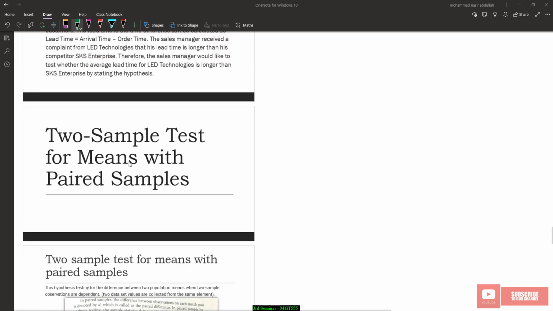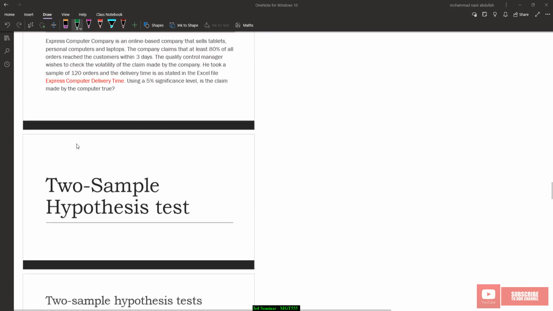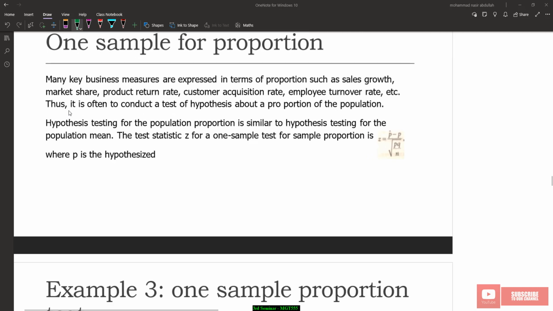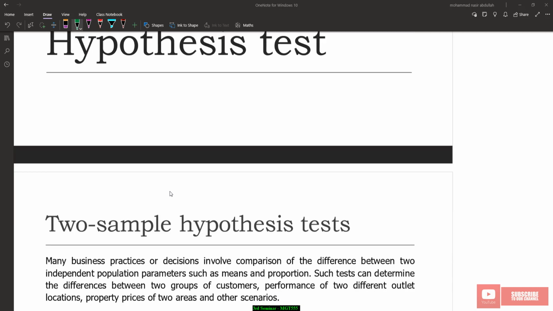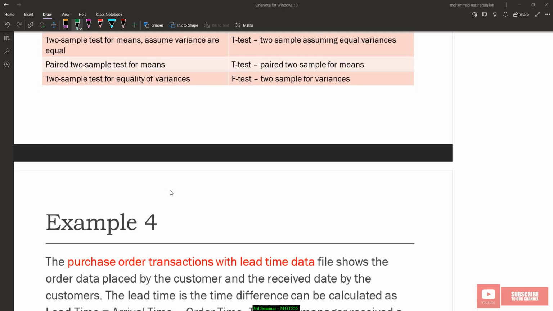Ada 6 example. So kita dah cover 2 example, 2 test yang kita dah tengok. Right? So okay lah, I tunjuk one sample proportion dulu lah. Yang for 2 sample t-test, independent sample t-test, paired sample t-test, and one way ANOVA, I tunjuk dalam separate video.